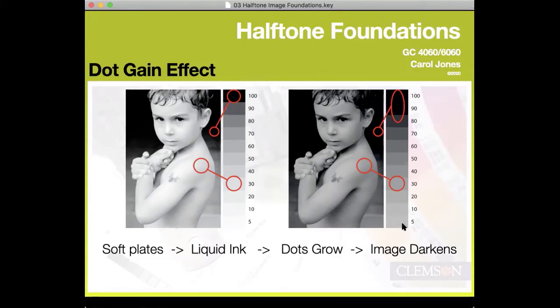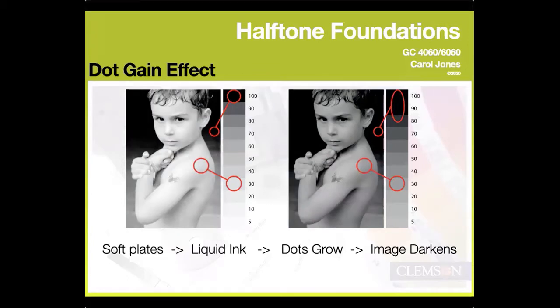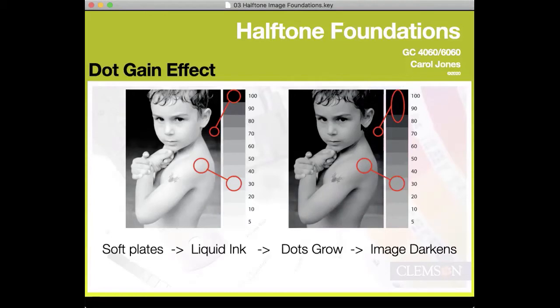If we print such a dark highlight, we've got a lot of tone compression happening here. The tones get closer together, like here in the highlight end where the dots have grown between 5 and 10%, there's not much difference at all. So when you see that in your image, you start losing a lot of the details and definition in your highlight areas.